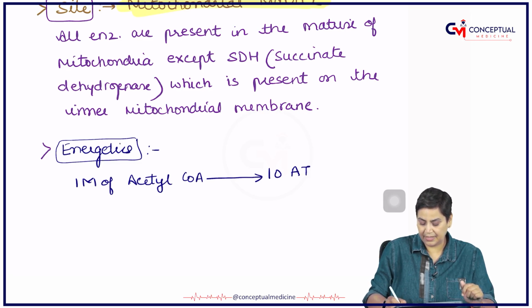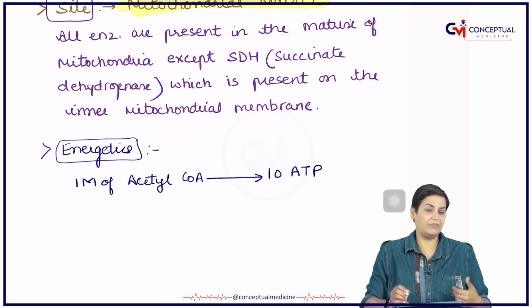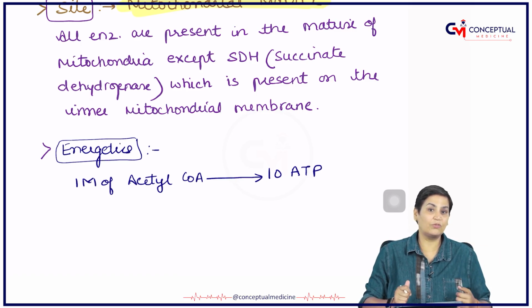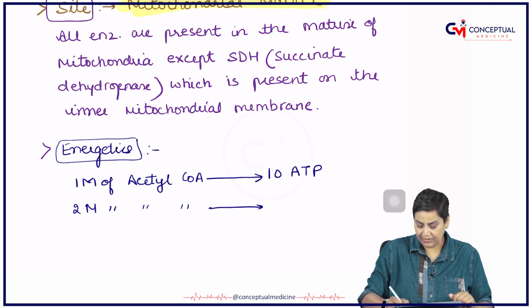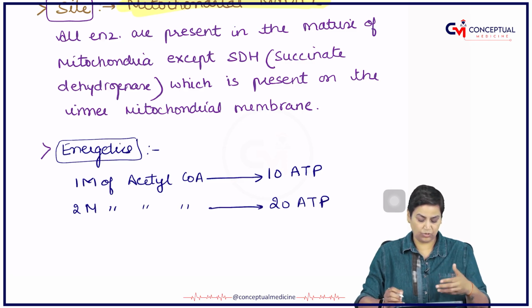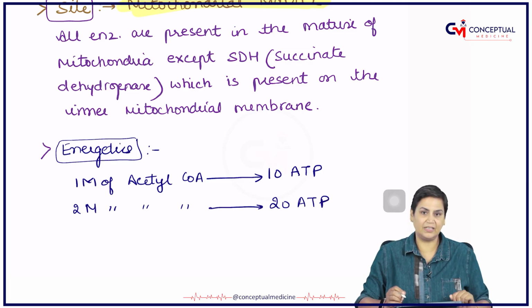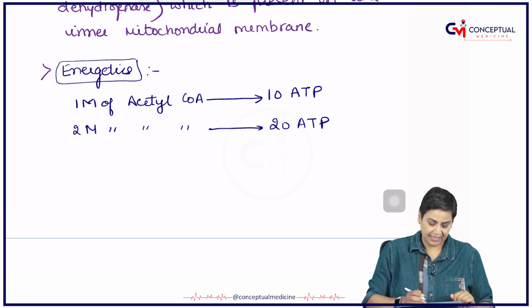We know that we started with one molecule of glucose forming two molecules of pyruvate, so automatically two molecules of acetyl coenzyme A will be there. So two molecules of acetyl coenzyme A will give 20 ATP molecules. This we are going to study in detail when we study the cycle. This is energetics.